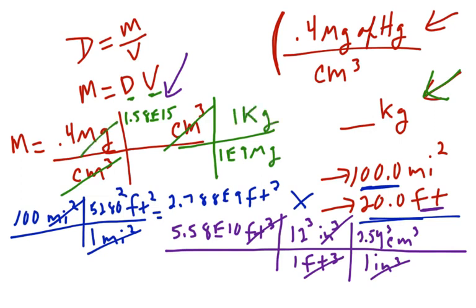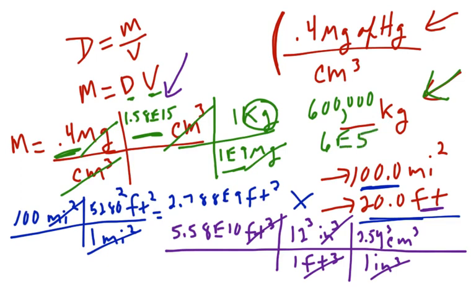And my micrograms would cancel out, and kilograms is the unit of mass I would have. So I'll take 0.4, which, by the way, only has 1 sig fig, times this volume, divided by 1 billion, and I get 6. If I do it out, I'll get like 632,000, whatever. But I can only have 1 sig fig, so it's going to be 600,000 kilograms, or 6E5 kilograms. And that's how you would solve that problem.